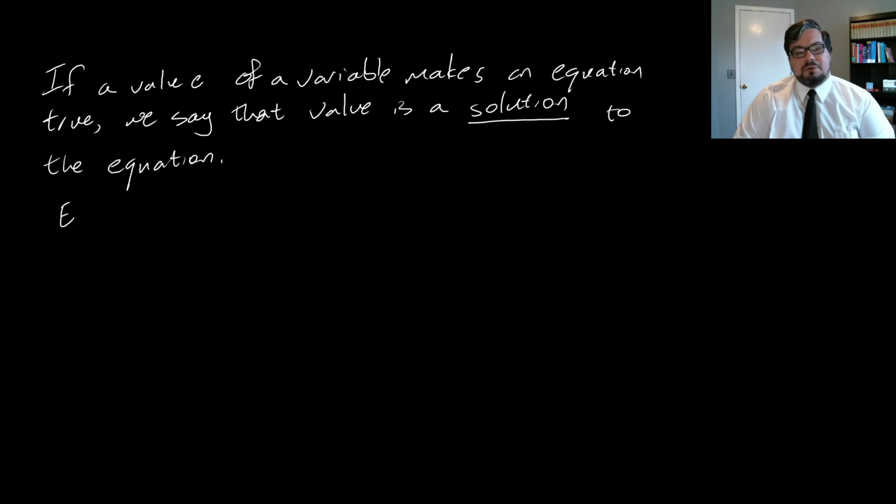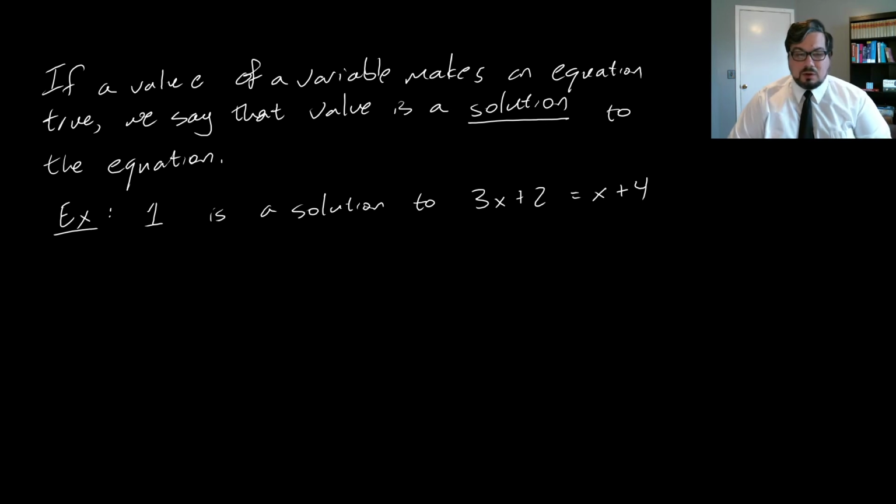So, for example, what we saw in the previous slide is that 1 is a solution to the equation 3x plus 2 equals x plus 4, because if we plug 1 in for the variable, for the unknown or changing part of the equation, we get a true statement.